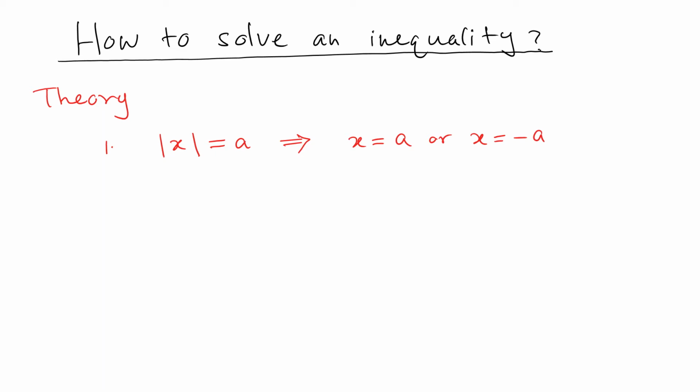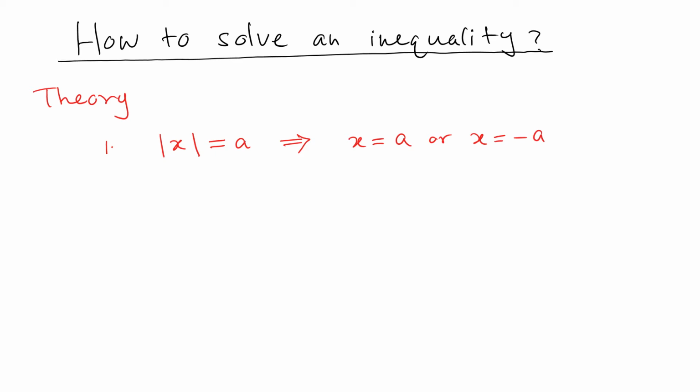This means that the absolute value means you disregard the negative sign. It simply gives you the value of x without the sign. Geometrically, you can look at this as the distance from 0. So absolute x means the distance from 0 to x.